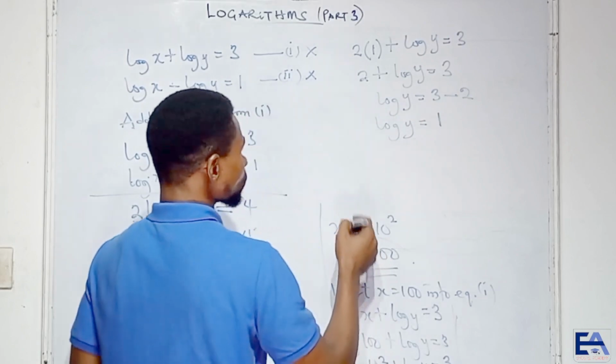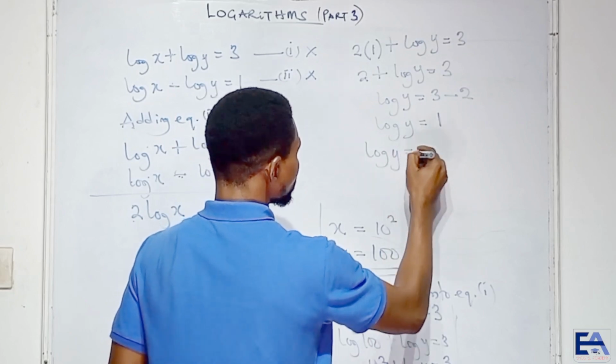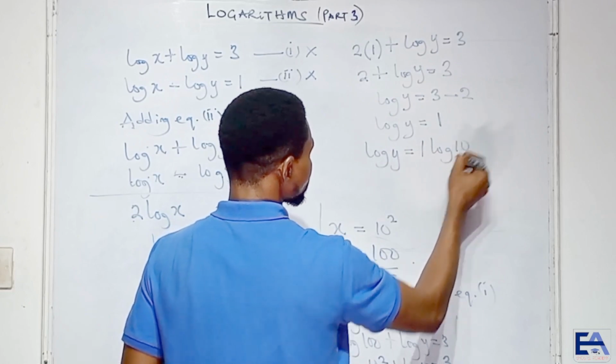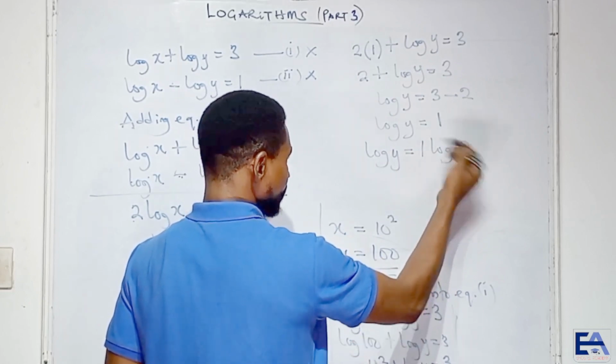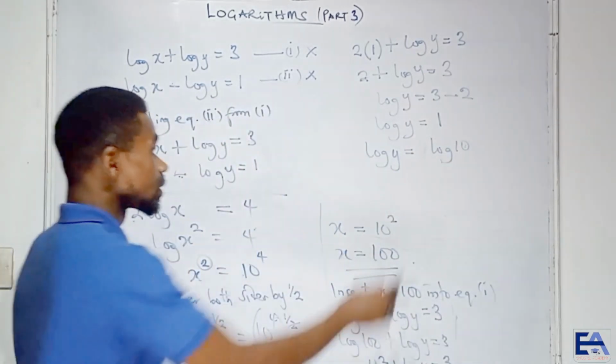All right? So I can easily say log y equals 1 multiplied by what? Log 10, because log 10 is 1. I can say log y is equal to log 10 to base 10, which is 1.